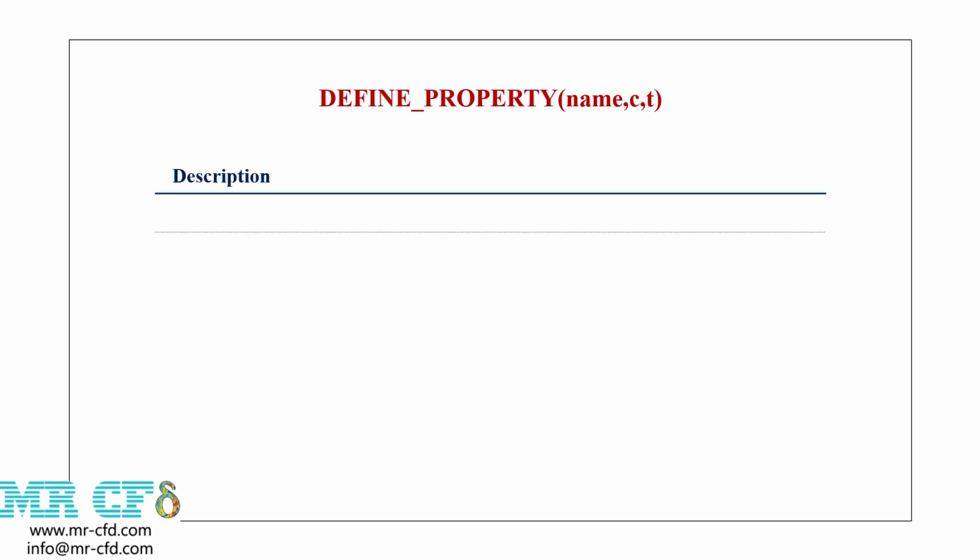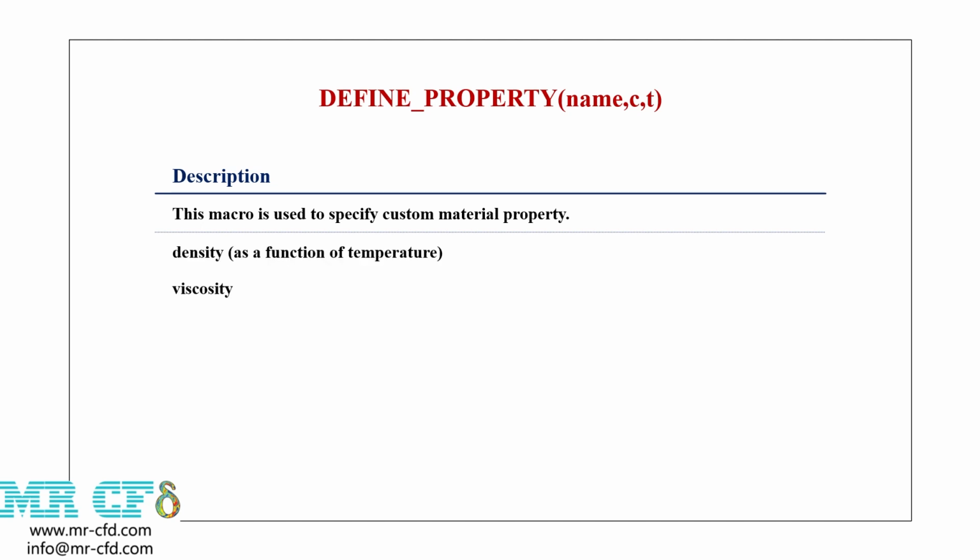Another widely used example of macros in this group is the define property macro. This macro is used to change or define the value of specific thermophysical properties of materials. For instance, suppose you intend to define the value of various thermophysical properties such as fluid density, fluid viscosity, thermal conductivity coefficient, etc. as a specific function.